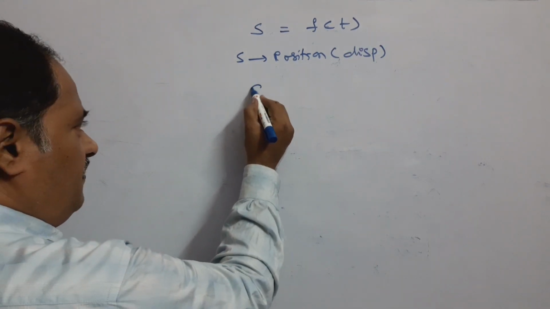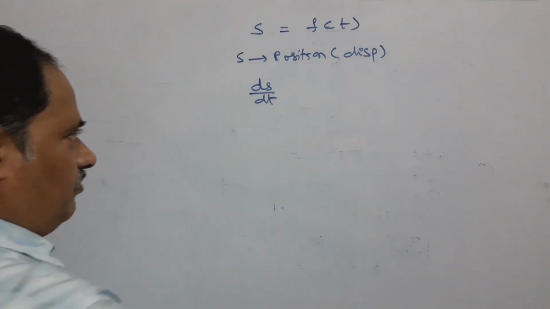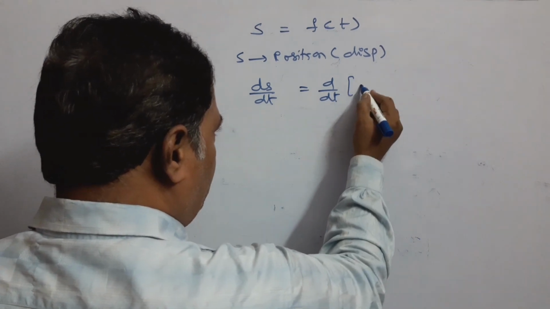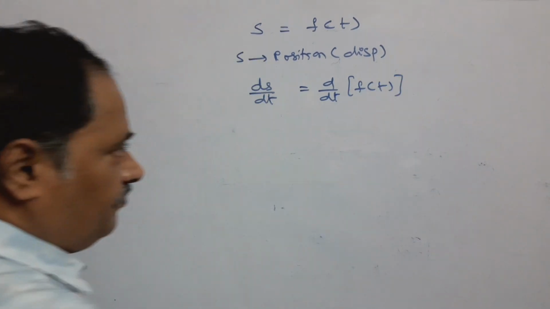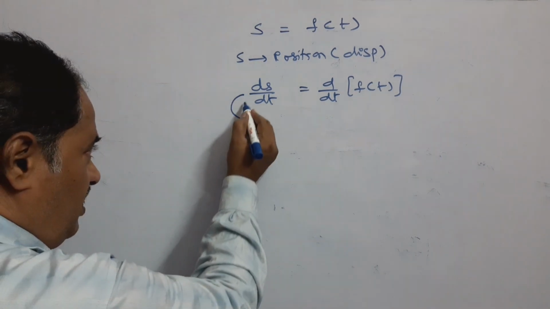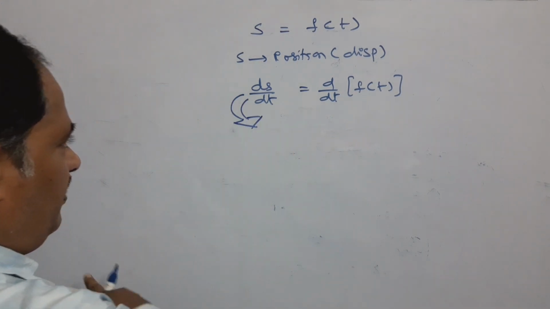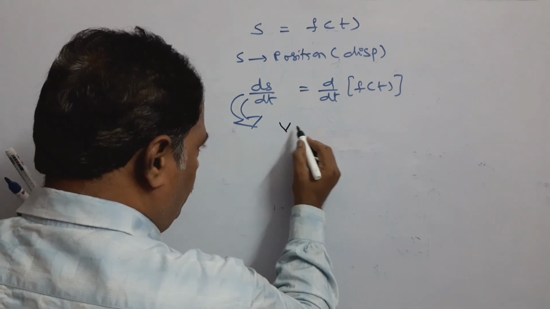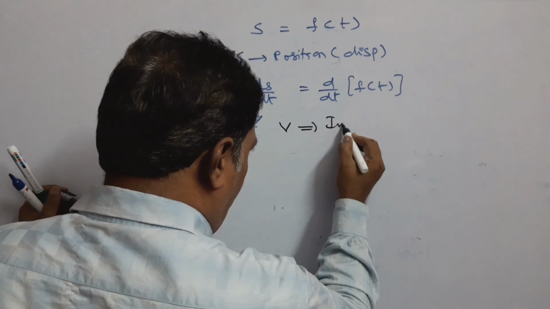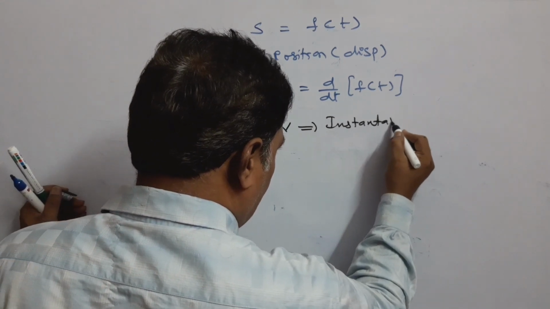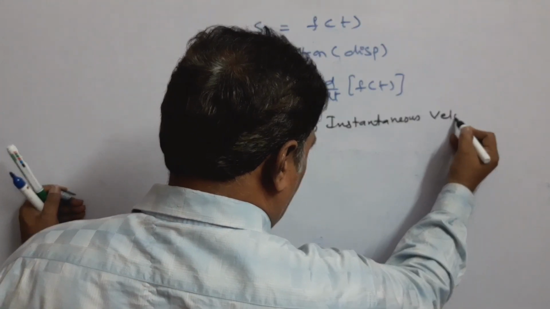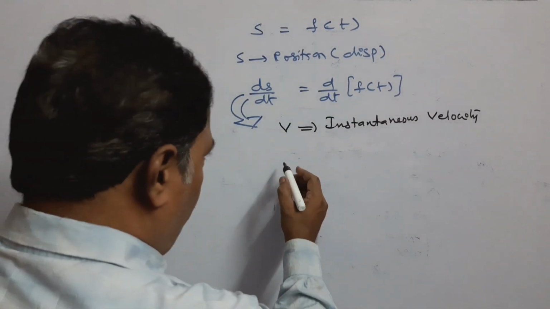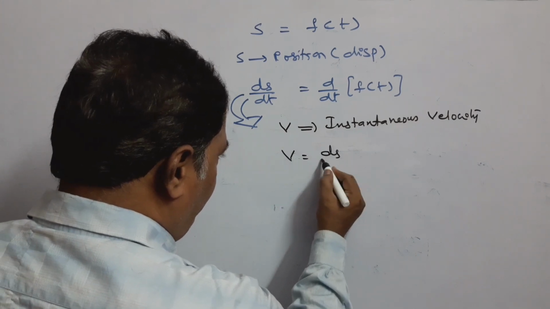Now, if you differentiate with respect to time, ds by dt, which is d by dt of that function of time, this ds by dt is called velocity v, which is known as instantaneous velocity at that instant.